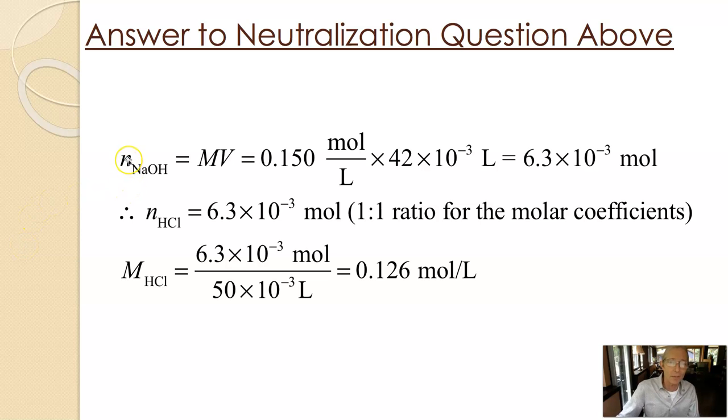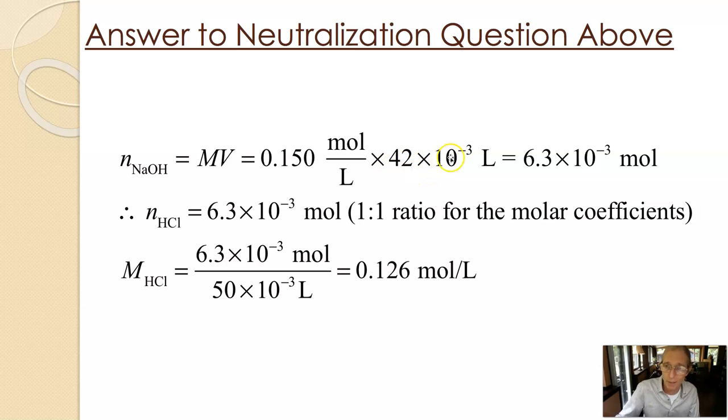So the number of moles of NaOH is just going to be M times V. We saw that rearranged earlier. So we've got 0.15 mole per liter times, now notice what I did with the volume. I didn't count back 3 decimal places.